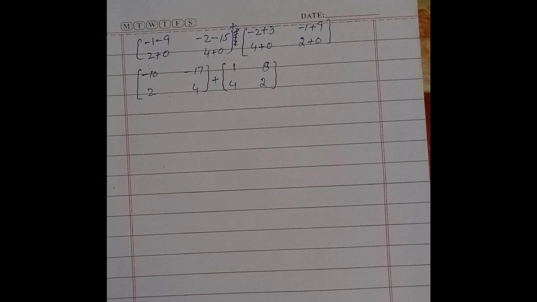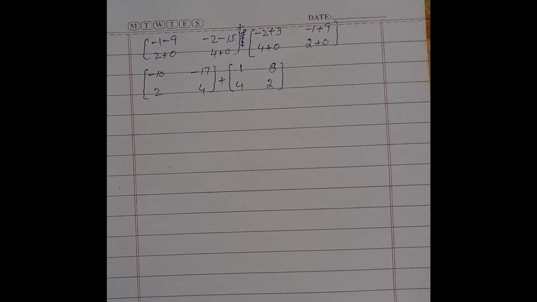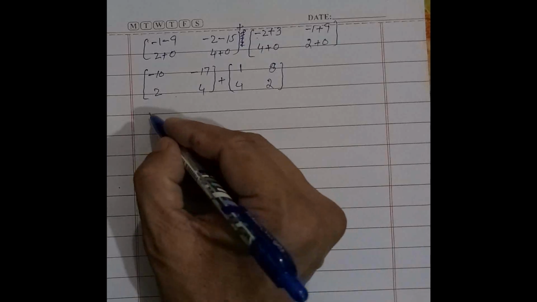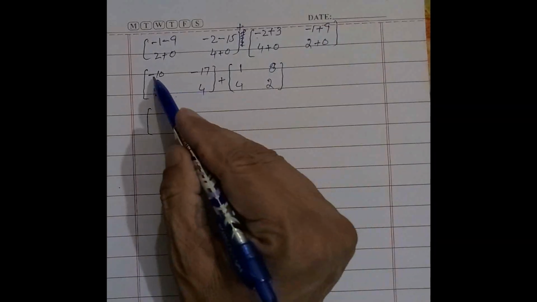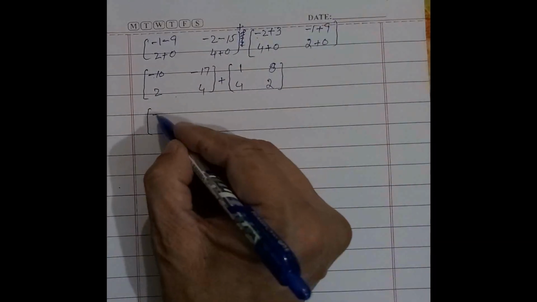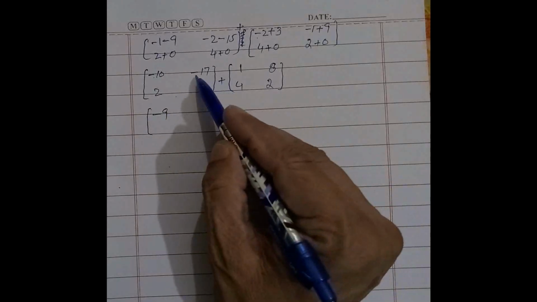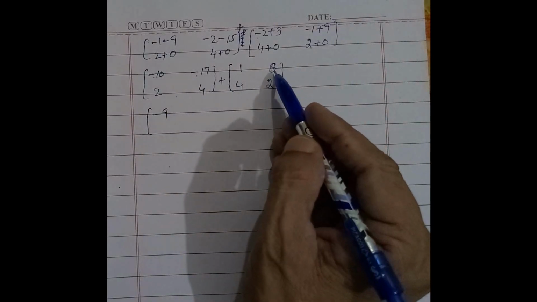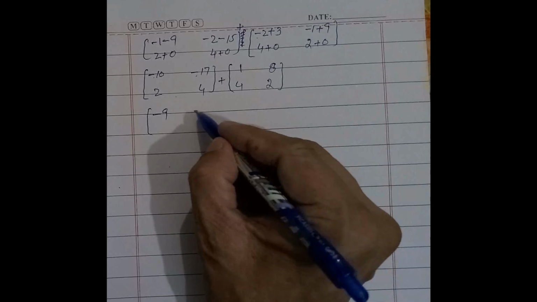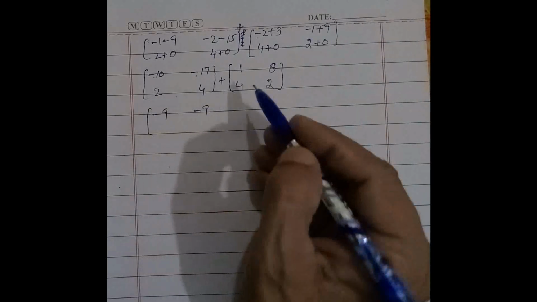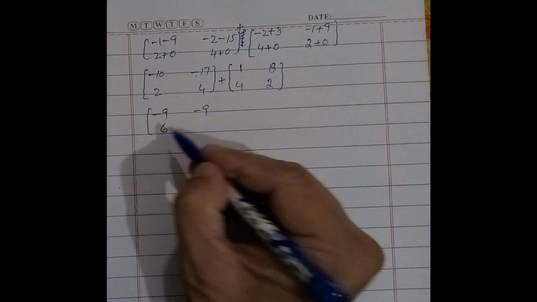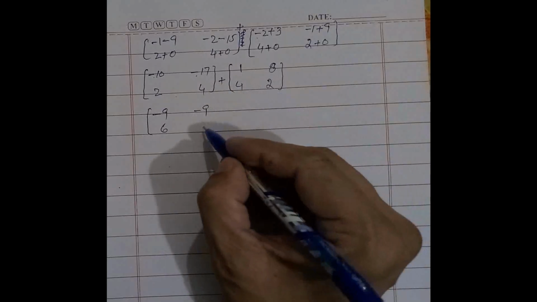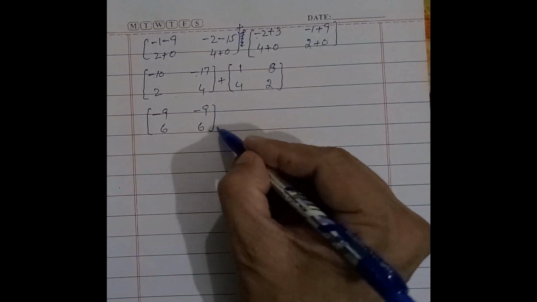In addition, number of rows and columns both are 2 into 2. So these are conformable for addition. And we add these two matrices, we get -10 plus 1 is equal to -9, -17 plus 8 is equal to -9, 2 plus 4 is equal to 6, 4 plus 2 is equal to 6.